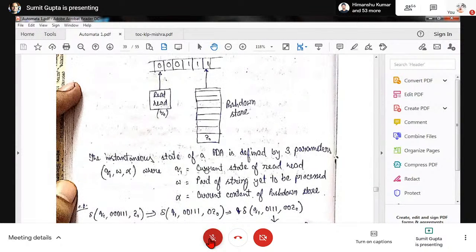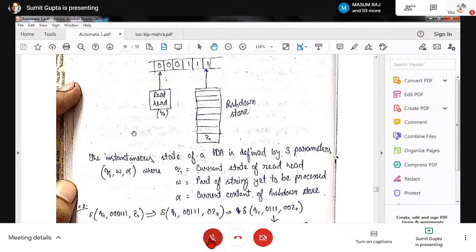Now the instantaneous state of a PDA is defined by 3 parameters. At any point of time, whenever we want to see in what particular state the PDA is, it will be represented by 3 parameters: Qi, W, and alpha, where Qi is the current state of the read head. Initially Q0, later it would be Q1, Q2, Q3, depending upon what state we are in.